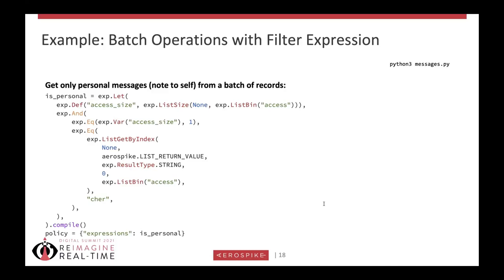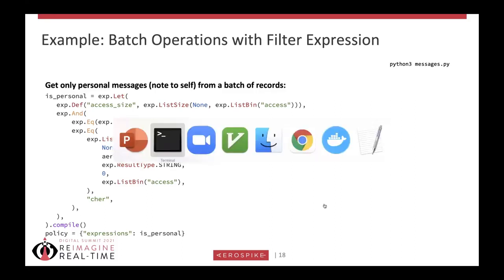And the value we're going to assign is calculated in the sub expression here, where it just checks the list size of the list bin called access. Now the expression here is we're going to check that access size is 1, and that the first position in the list, index 0, is Cher.